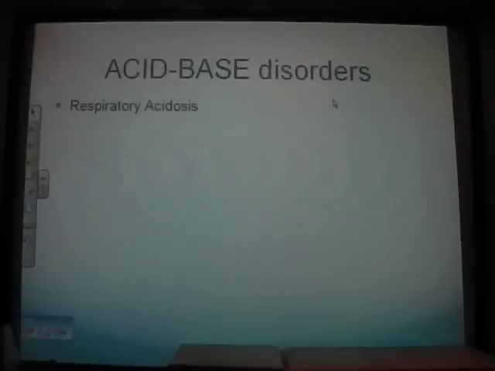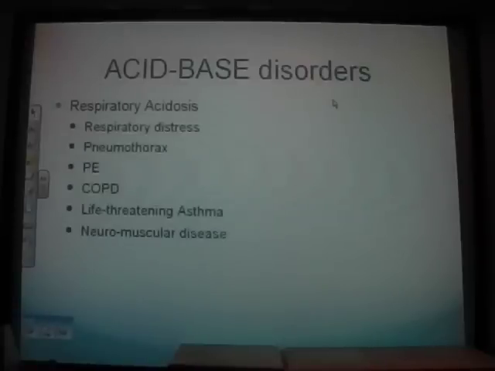The other thing to think about is neuromuscular diseases. Do you know any? MS. Yeah, MS, Guillain-Barré, and then myasthenia. They're your main ones. A lot of patients that have scoliosis or kyphoscoliosis, or cerebral palsy, will be CO2 retainers. Okay. And then pneumothorax as well.